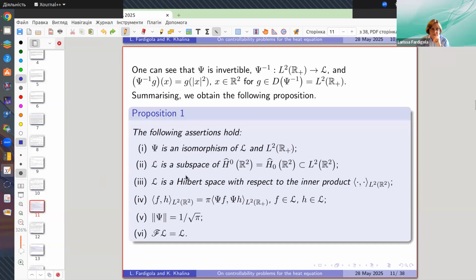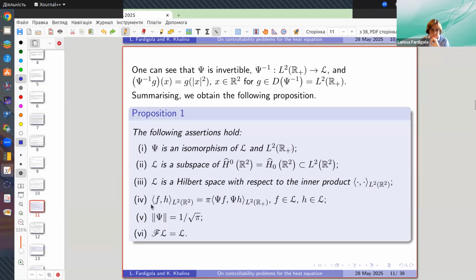L is a subspace of H0 hat, and a subspace of L2 of R2. L is a Hilbert space with respect to the inner product in L2 of R squared.